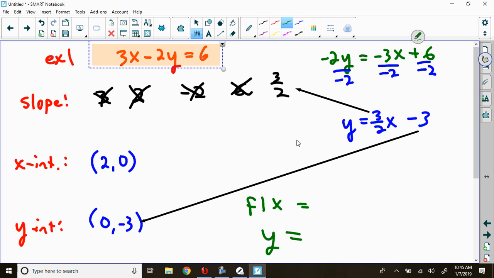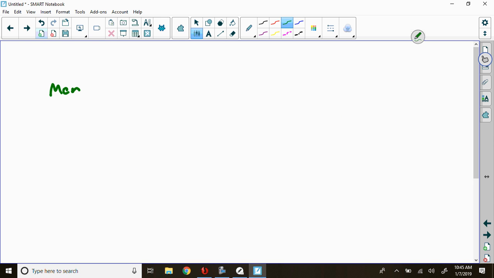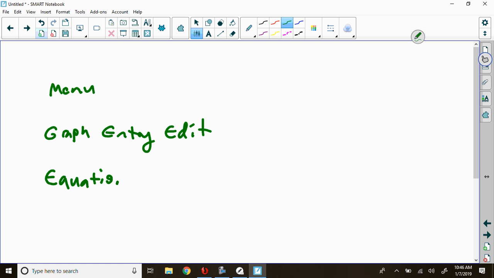What we're going to need to do is go menu, graph, entry, edit. We're going to need to pick equation. We're going to need to pick line, and then it'll give us some choices there. So menu, graph, entry, edit, equation, and line.